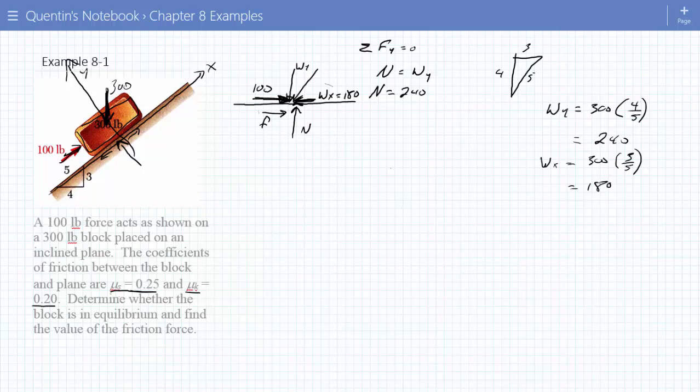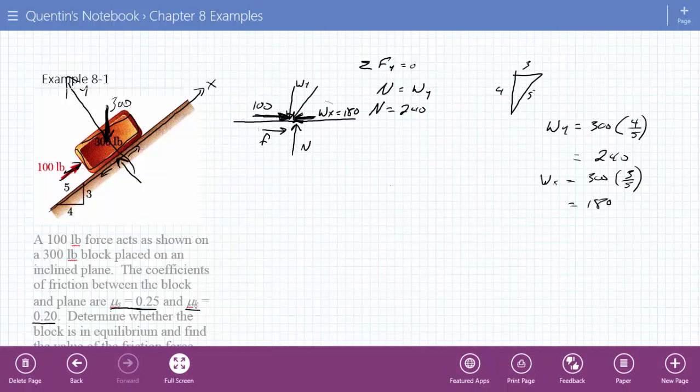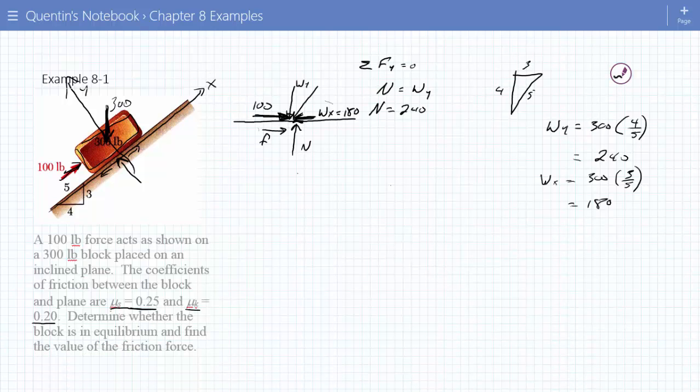Okay, so now the question is, are we moving or are we not moving? So what do we have? We have a net effect of how much? 80 pounds going that direction. And we have a weight coming in here and a normal force coming in there. So we have a friction force there. Well, what is the maximum friction that this thing can resist? Remember, F max is equal to mu sub s times normal, right?